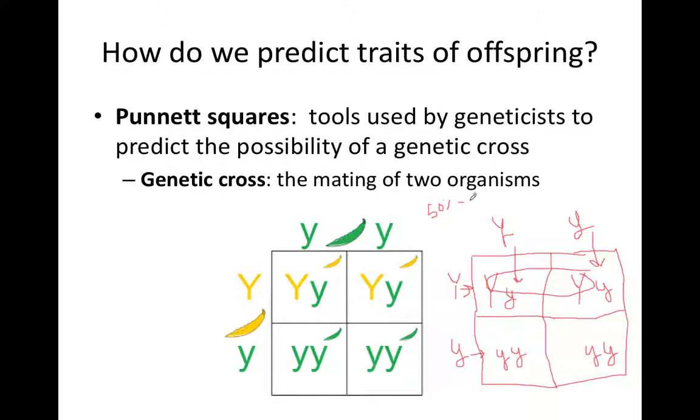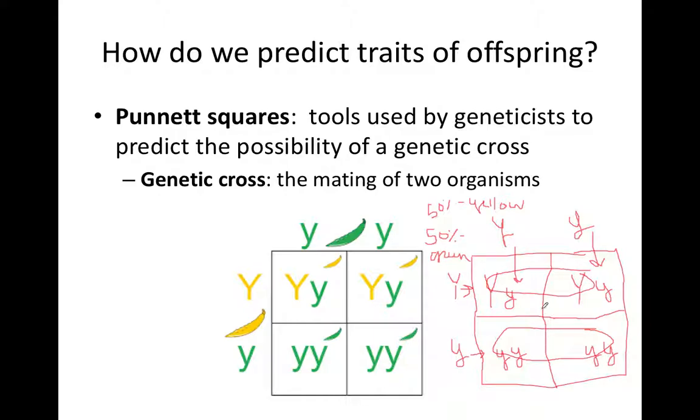So this is 50% yellow pea pods. Then that means that we would have a 50% chance of getting green pea pods because the only other option of color of pea pods in this case is right here. Both of these genotypes give us green pea pods, so we're 50% green.